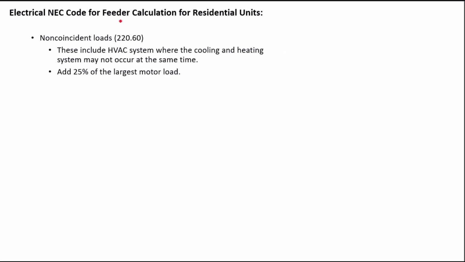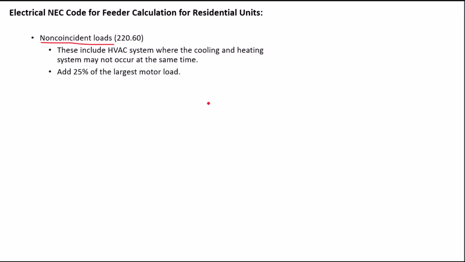We also need to add, for the residential calculation, the non-coincident load. And this basically means loads that will not be used simultaneously, and usually that's from the HVAC system. So you can either have cooling or heating typically in a building. It's never both unless you're in like a large building where you might need all your cooling for like an IT room during the winter time.